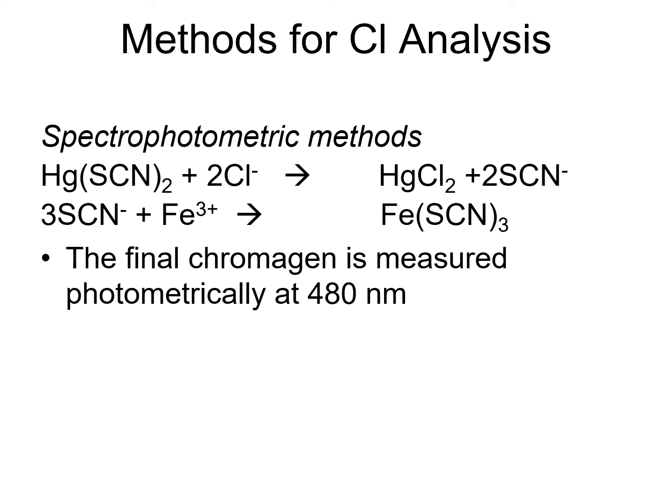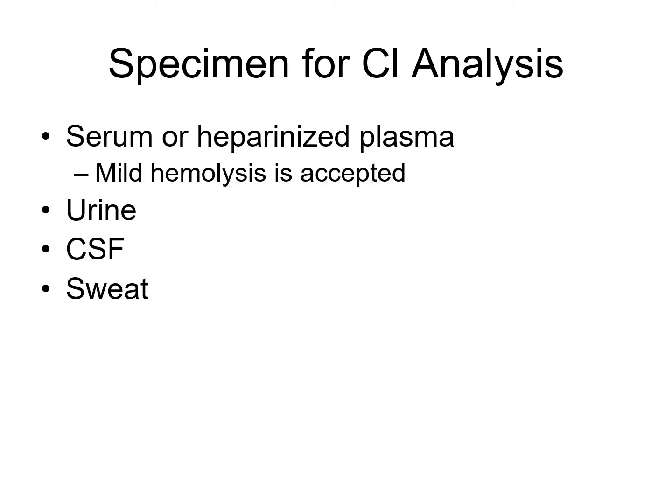The thiocyanide ion can form ferric thiocyanide, which is possibly measured in the spectrophotometer at 480 nanometers. Specimens that can be measured in chloride analysis are serum, plasma, heparinized plasma, urine, CSF, and sweat.